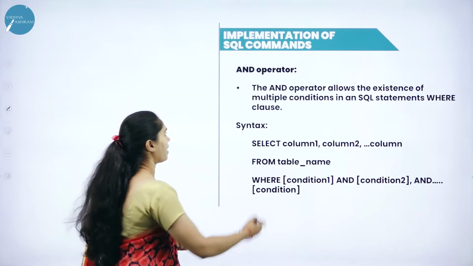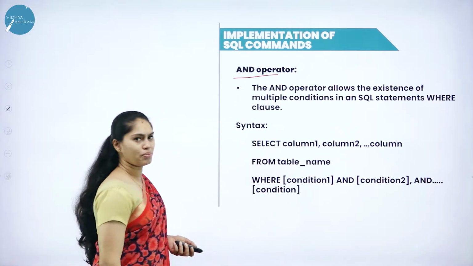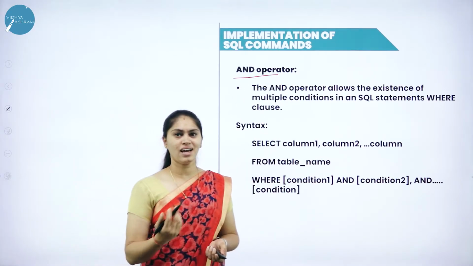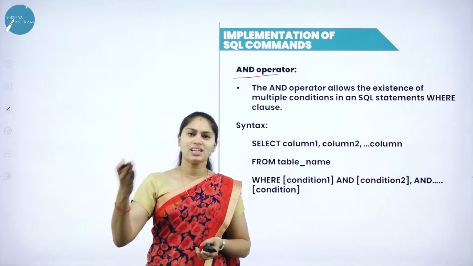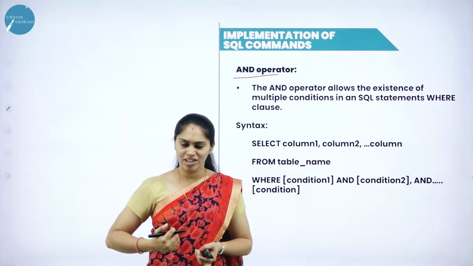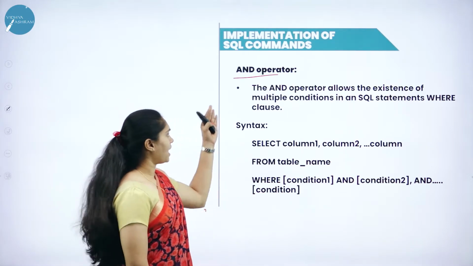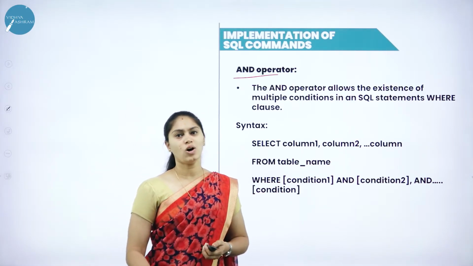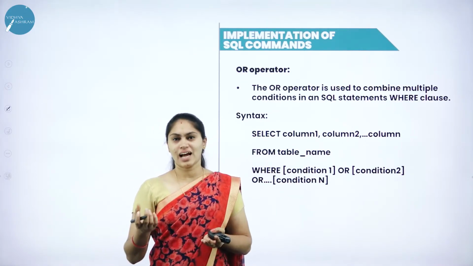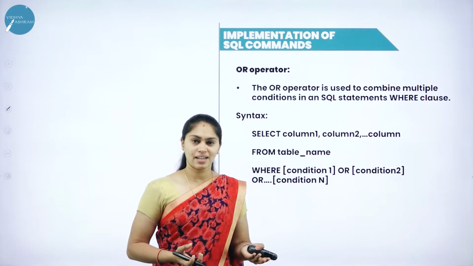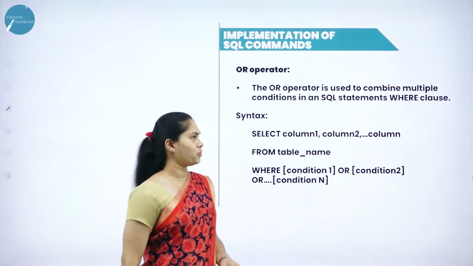We'll see the next command, which is related to the AND operator. We have already discussed the AND and OR operators. If I want to satisfy more than one condition in my table in order to fetch content, we have to go with the AND operator. Or if I want to fetch data based on conditions, where either this condition is true or that condition is true, at that time we go with OR.